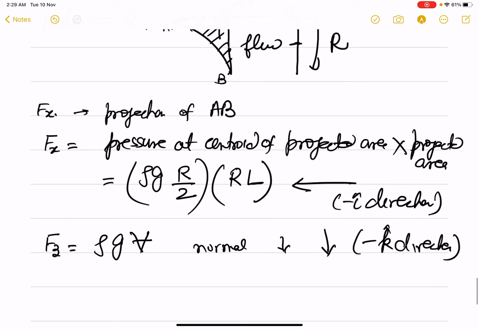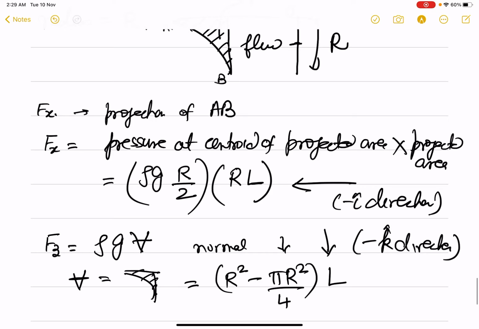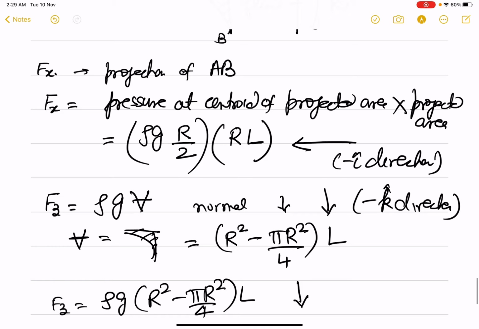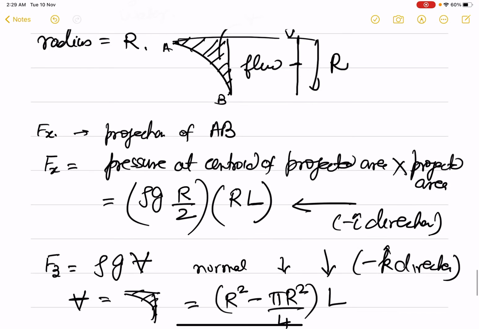Now what is this volume V? Volume V is equal to this particular volume, so this will be equal to R square minus pi R square by 4 times L. So Fz is equal to rho g times R square minus pi R square by 4 times L in this direction. So this is the Fz on this gate AB.